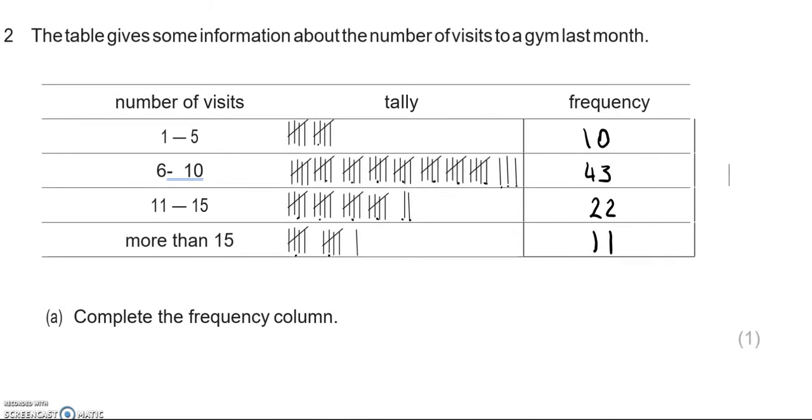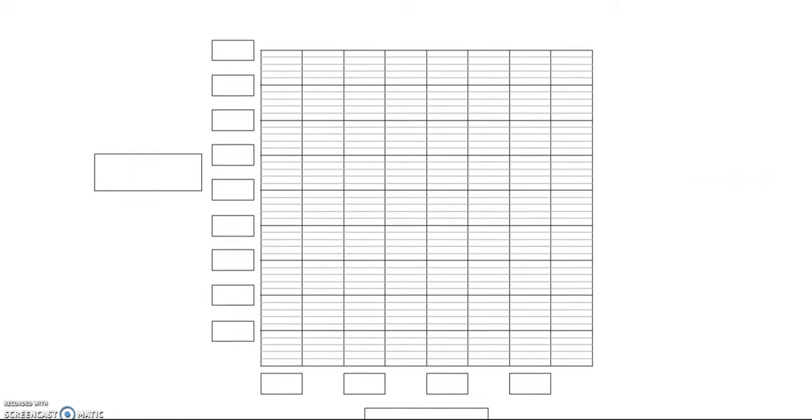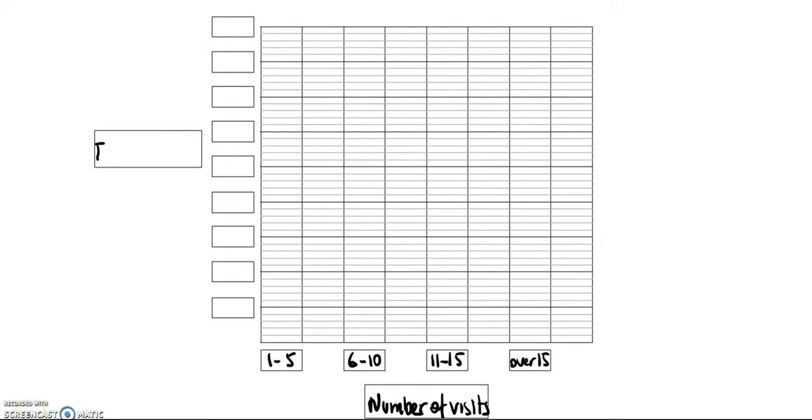So number of visits, we're going to say 1 to 5, 6 to 10, 11 to 15, more than 15. And vertically, we're going to show frequency.